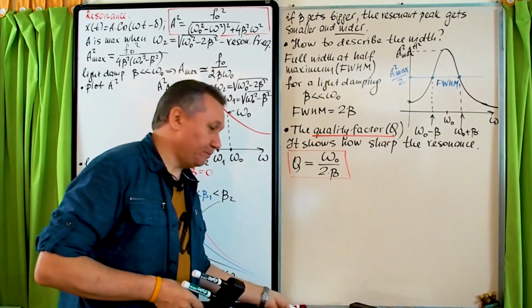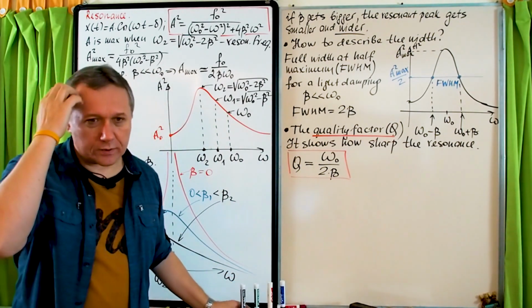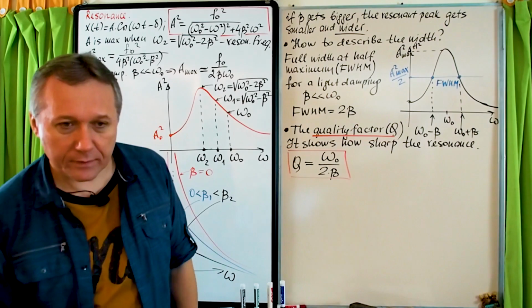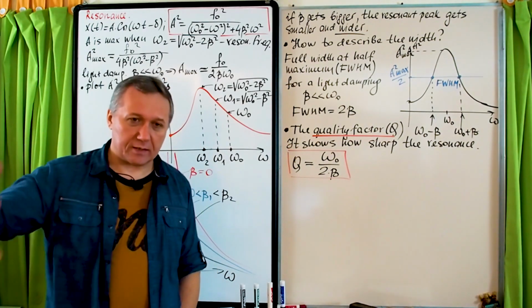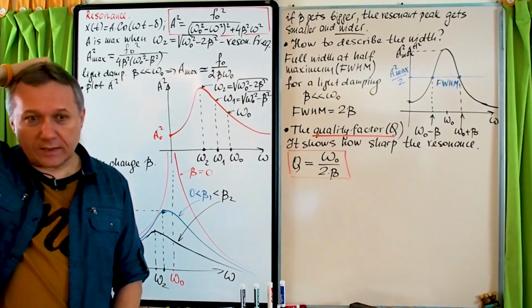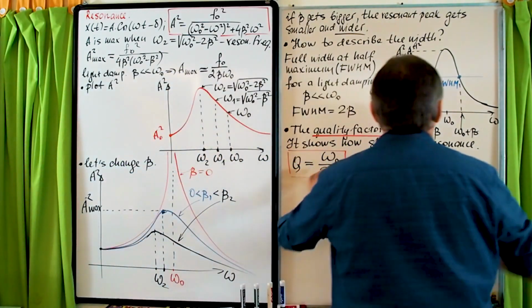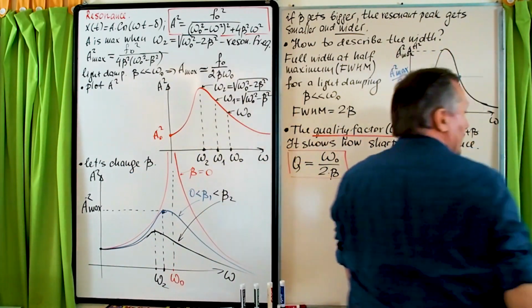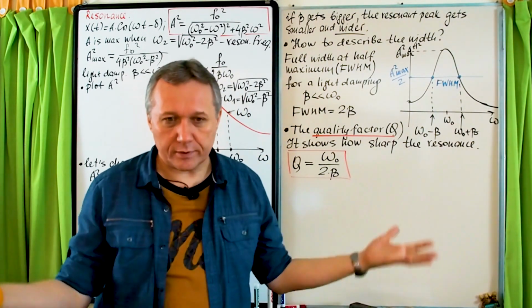And of course, a good oscillating system must have a large Q. For example, a good clock must have a large Q, I don't know, a Q of 1,000, right? Because in that case, the system is much more selective. So if this is large, the curve is very narrow, sharp. For example, take a radio receiver.